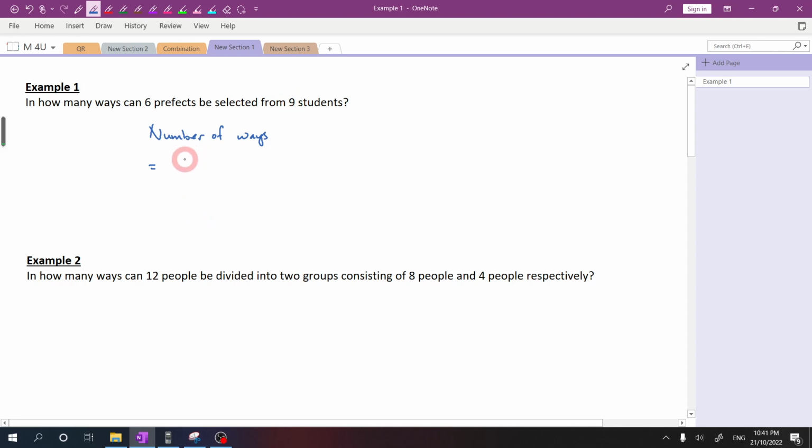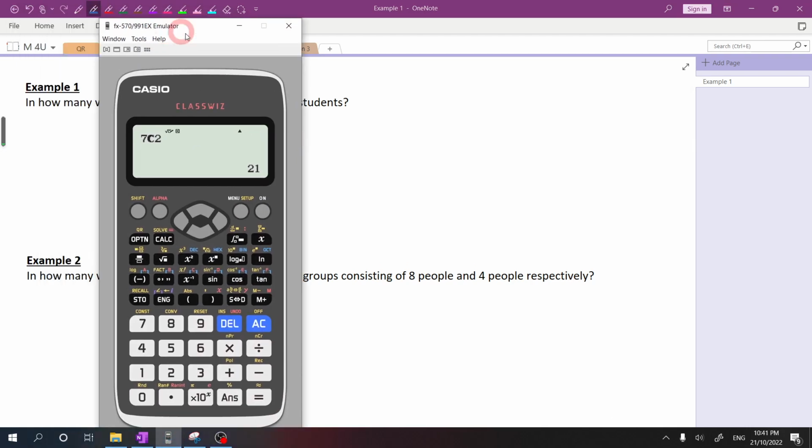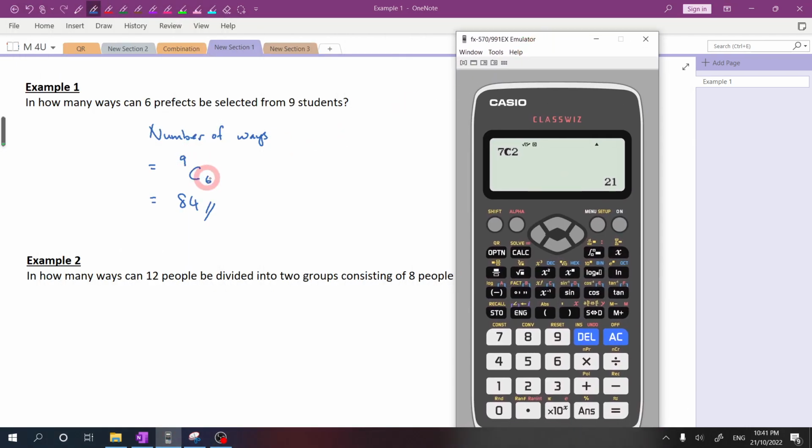So in total we have 9 students. We want to choose 6 of them. So we need to use the calculator. 9C6 is actually equal to 84. This one I think should be no problem, right? I showed just now how to key in this: 9, shift first, then press this, you will get C, and then 6 is equal to 84.